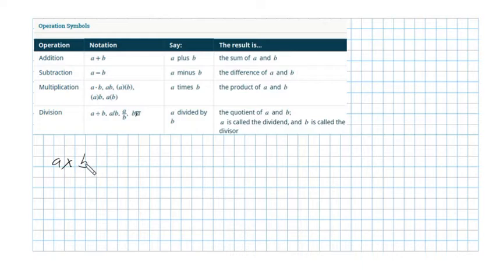So when we're using letters, you probably don't want to use this times sign, and so you can use a little dot, or you can just place the letters beside each other. Sometimes it becomes important to use grouping, and so you can do the same thing by saying a times b, like that. You can also say a times b, like that, and so on.